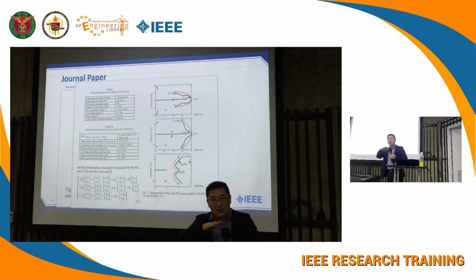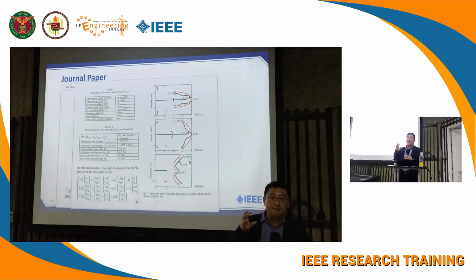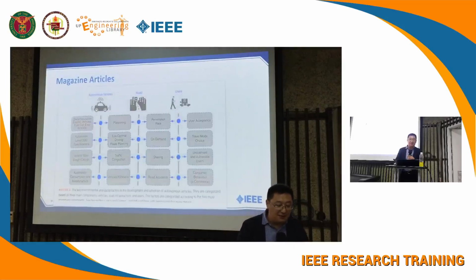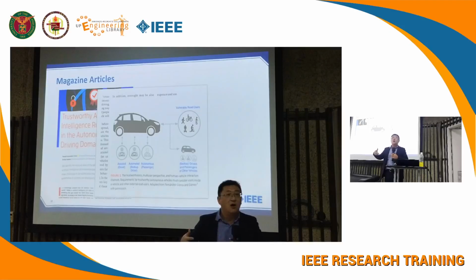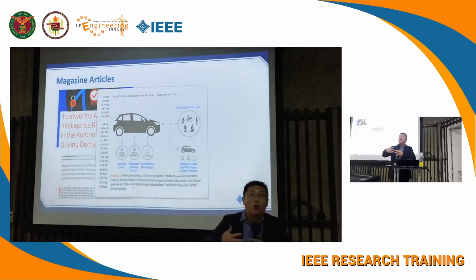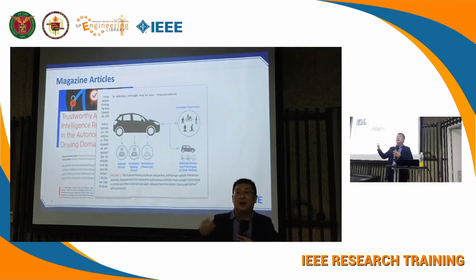So in this state, what I need to do is start reading magazine publications. Why? Because magazines are easier to understand. They will use this kind of chart to explain to me what is an autonomous vehicle, what are the components in autonomous vehicles, what is a smart transportation system, what are the subsystems within it.